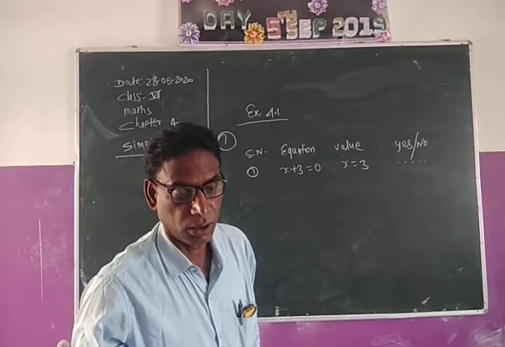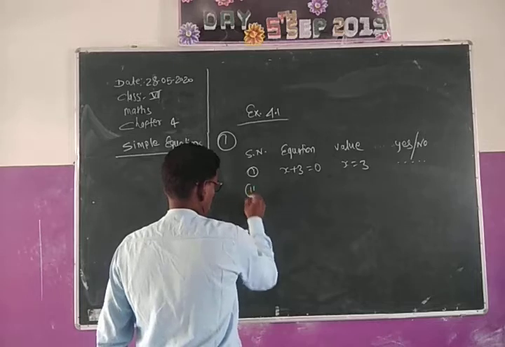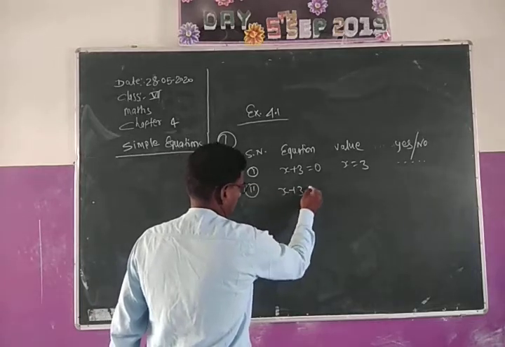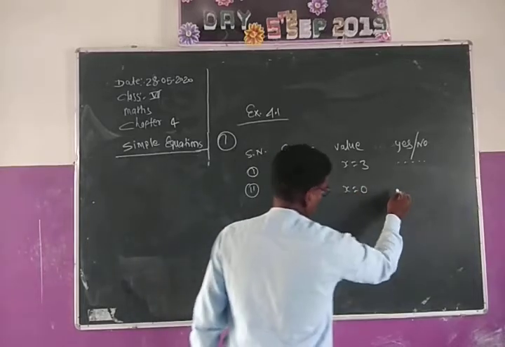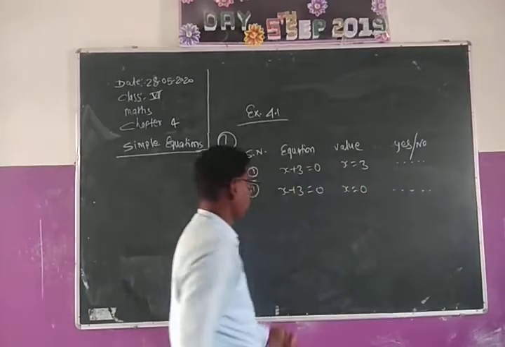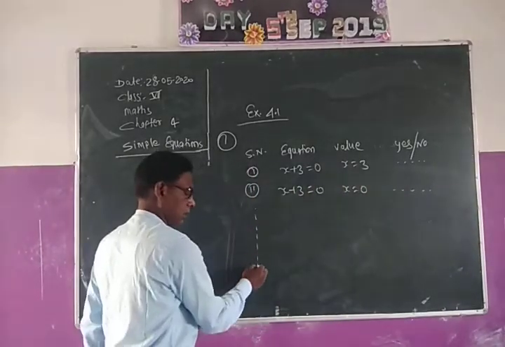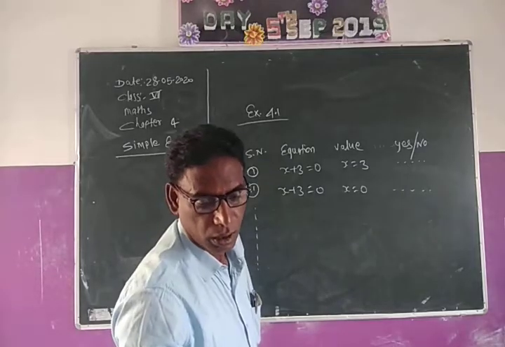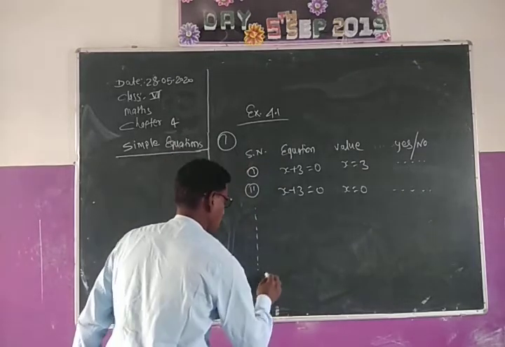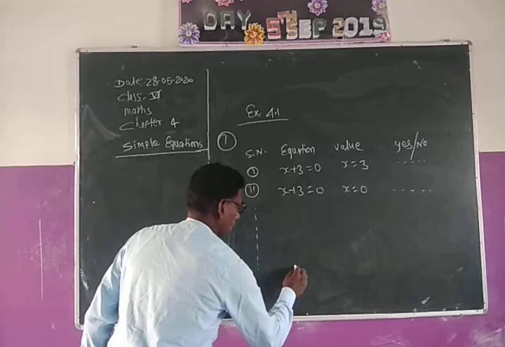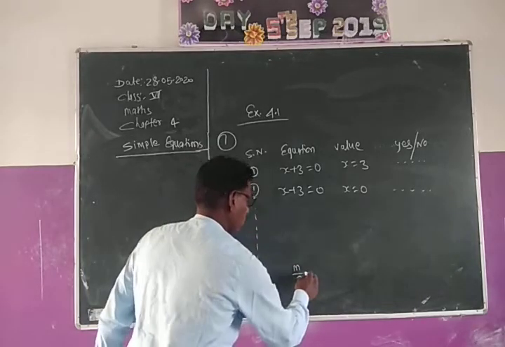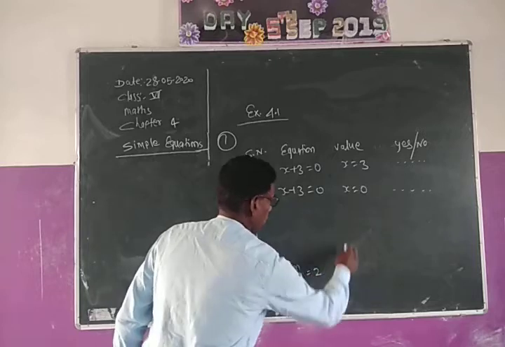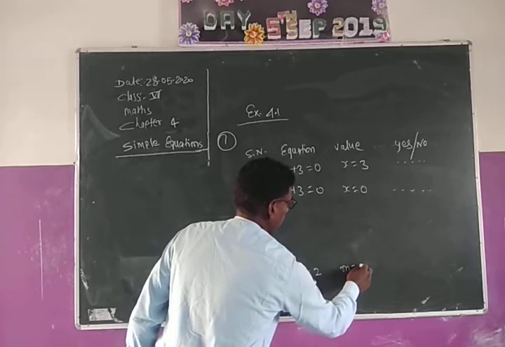Similarly, m by 3 is equal to 2, value m is equal to 6.